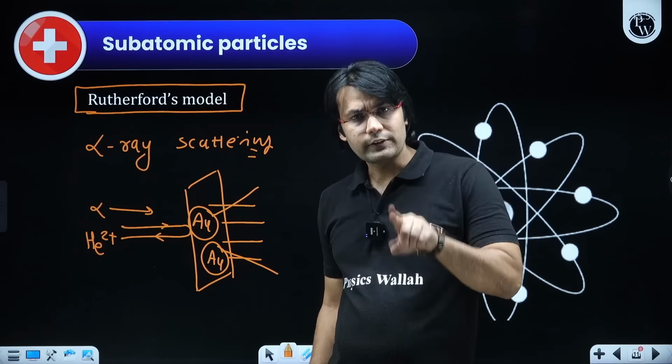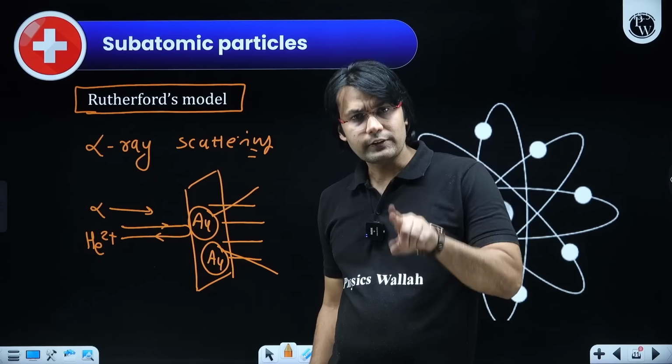Also, we can calculate how much energy is getting radiated using the Bohr model. Suppose when your electron is in the outer orbit, the energy of the electron is E2, and when it goes into the inner orbit, N1, the energy of the electron is E1. So its energy changes from E2 to E1. What is the change in energy? E2 minus E1. That much amount of energy will be radiated by the electron.